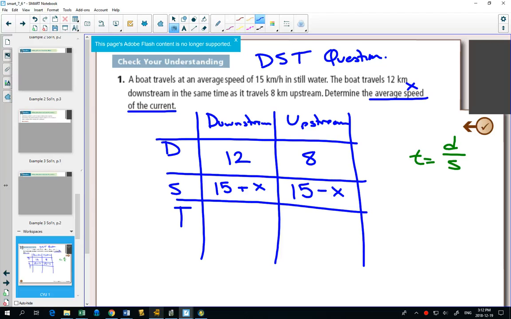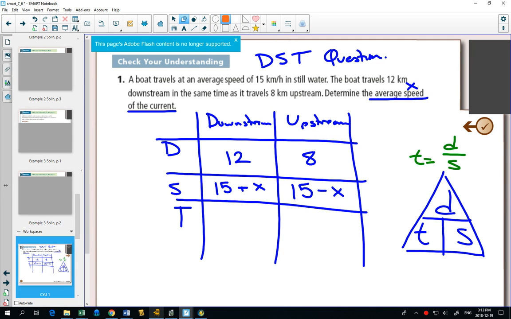Distance, time, speed. If you cover up time, it's distance over speed. If you cover up speed, it's distance over time. If you cover up distance, it's time times speed.